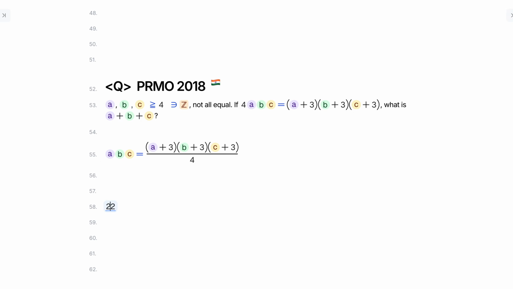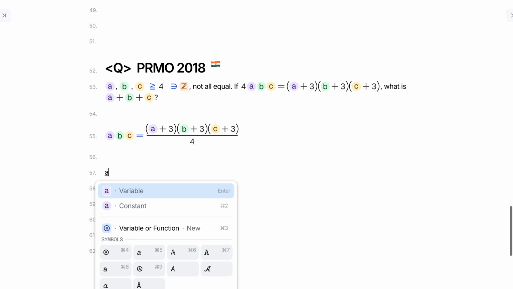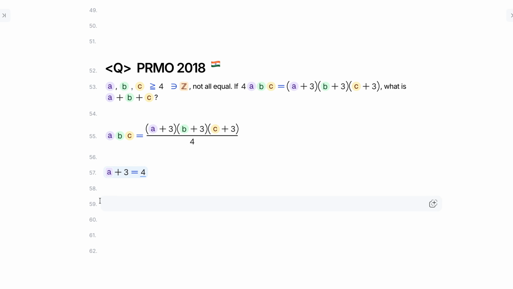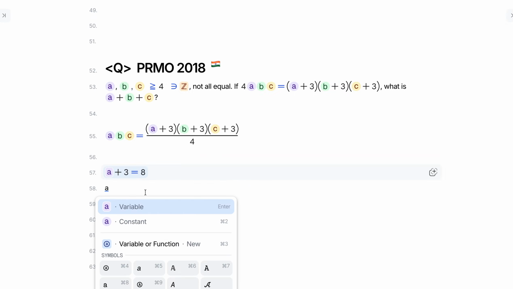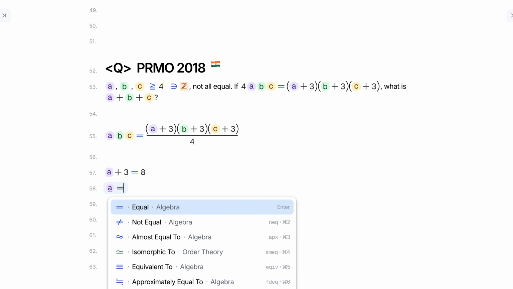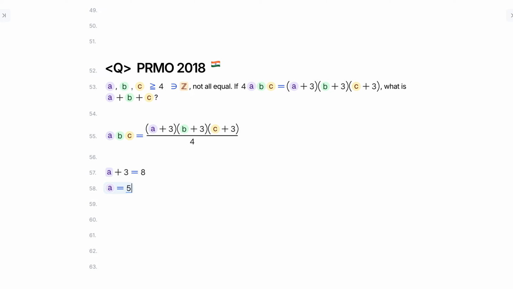So, without loss of generality, maybe A plus 3 is actually 4, right? But this would not satisfy because A comes out to be 1 here, but A has to be greater than or equal to 4. So maybe you can take some other multiple of 4. Let's say we take it as 8, that way your A comes out to be 5.